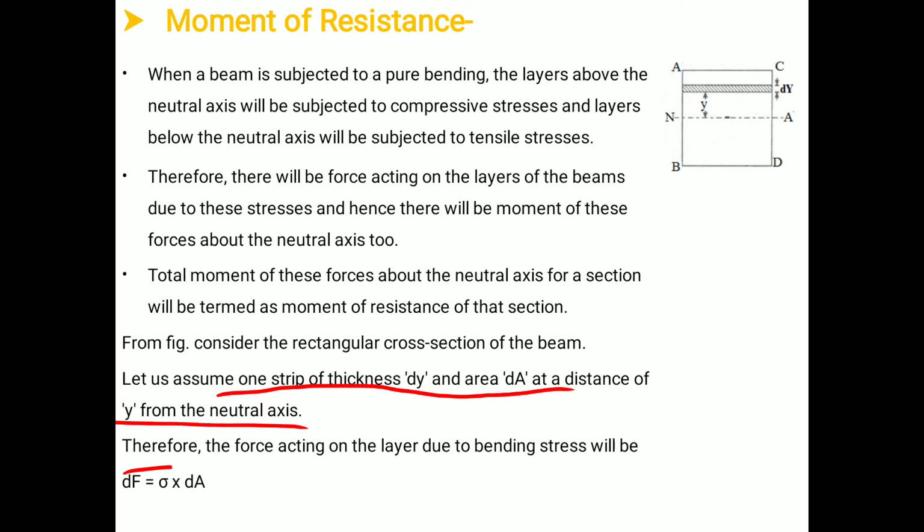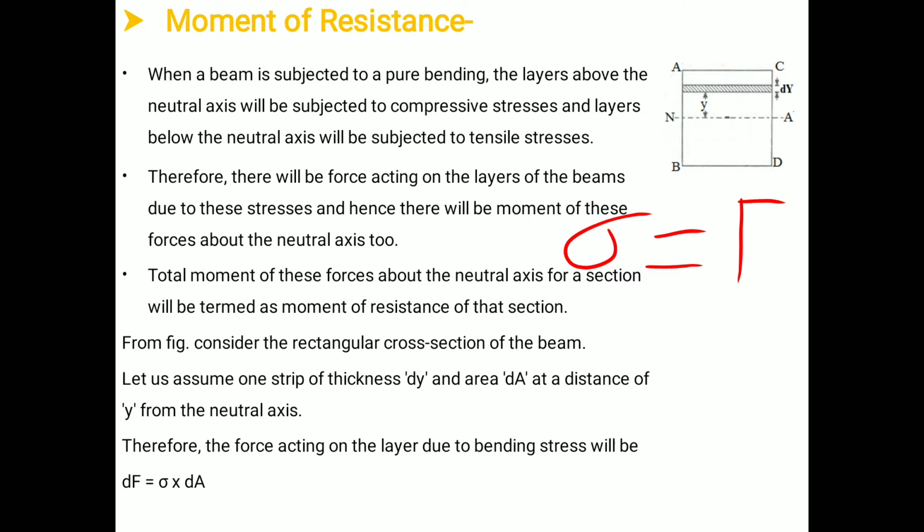Therefore, the force acting onto the layer due to the bending stress will be dF equal to sigma into dA. As we have concentrated on a very small strip of thickness dy, we will find the value of force by using sigma.